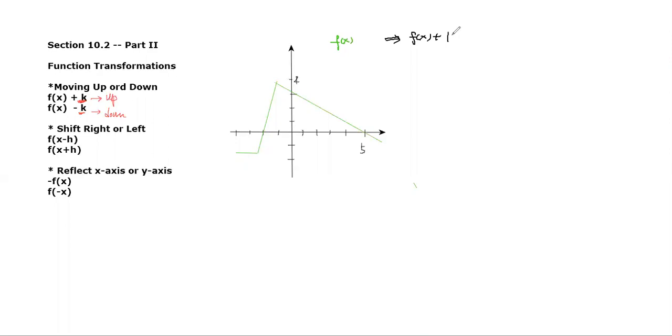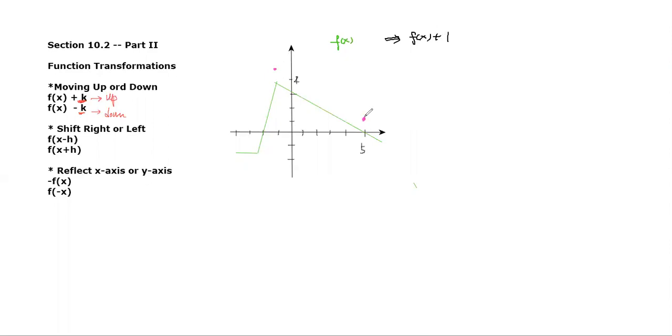The way we do that is, this point used to be at 4, so I move it to 5. This point used to be at 0, so I move it to 1.